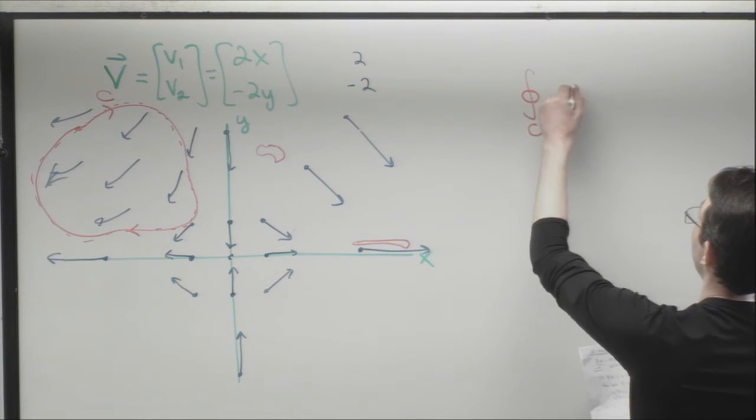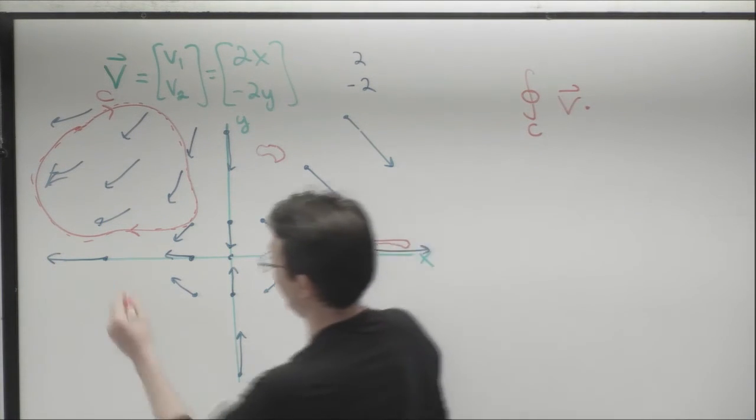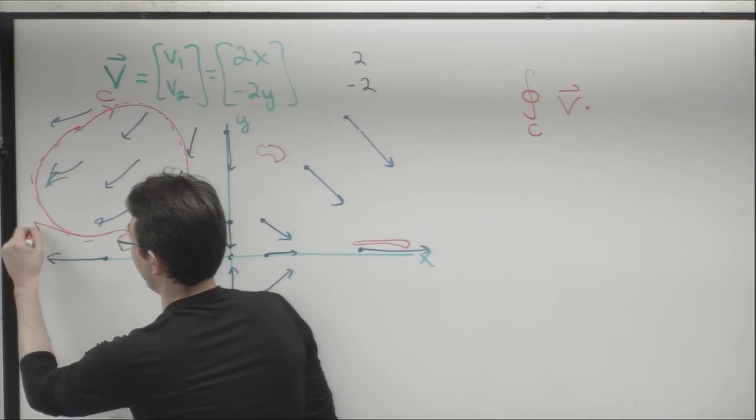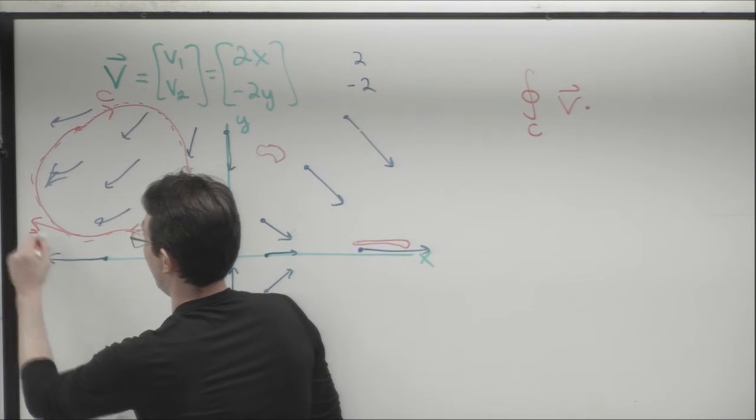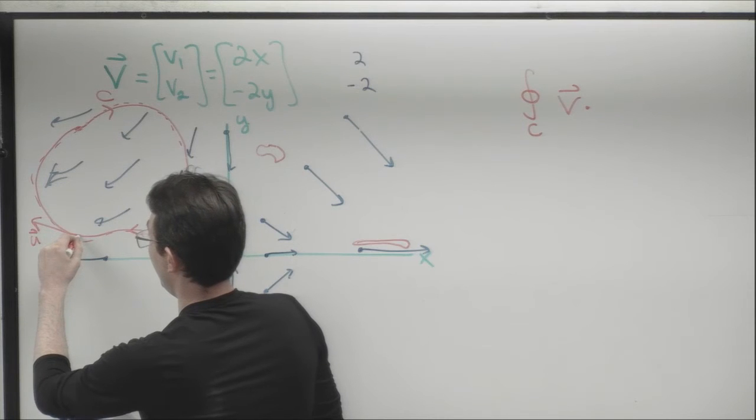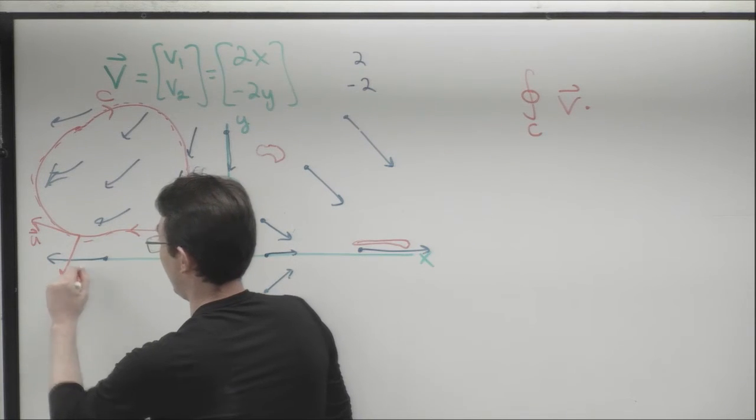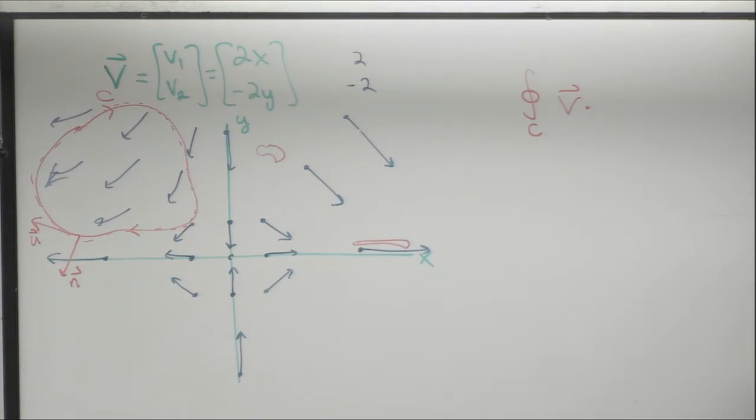So the integral around C of my velocity field dotted with, and I'm going to define some things, a tangent vector u, and a normal vector n. Tangent to the curve and normal to the curve.